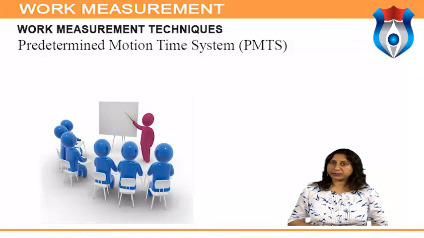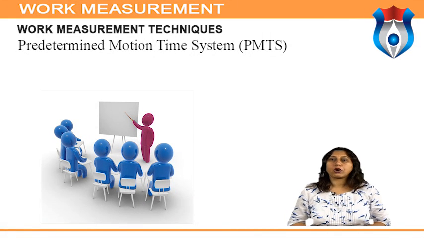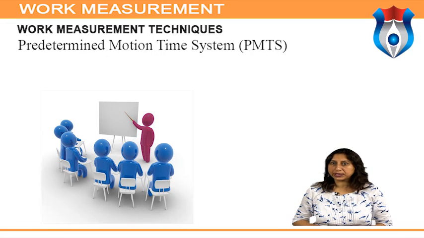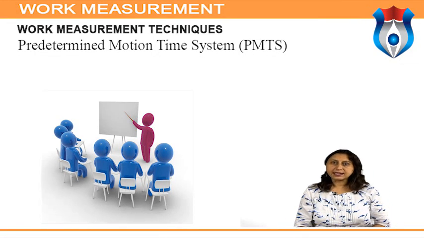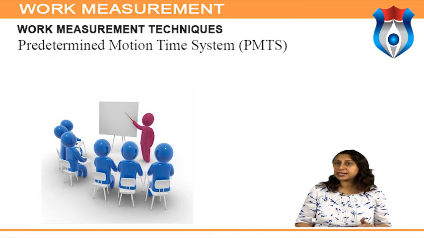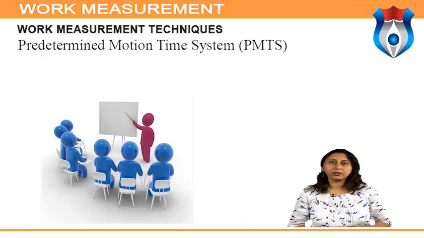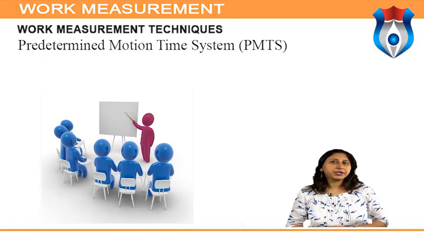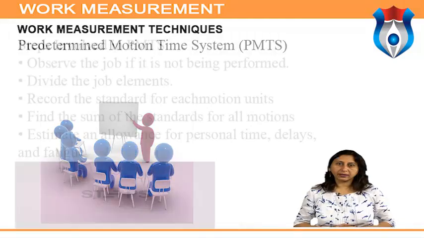It is a work measurement technique that involves observing a job, recording job elements, recording pre-established motion units, and calculating a performance standard. PMTS is an improvement over motion study because besides affording detailed analysis of the motion, it makes it possible to set a measure of the time that a series of motions ought to take.